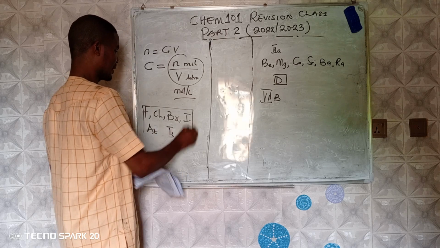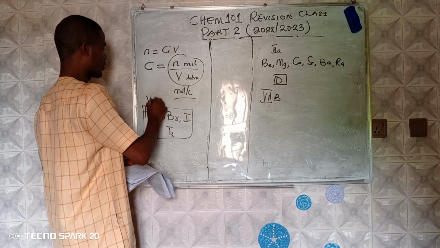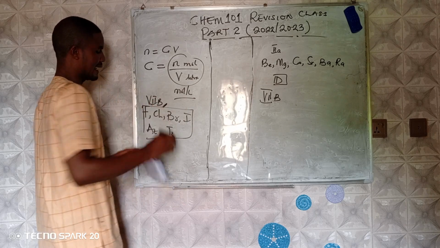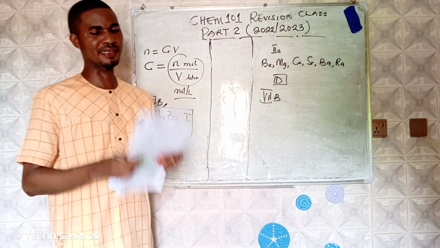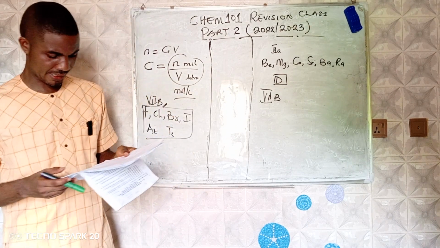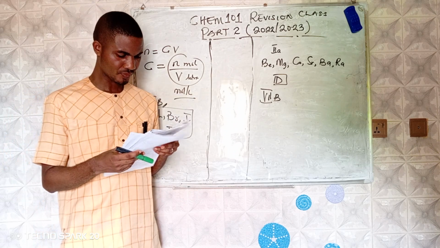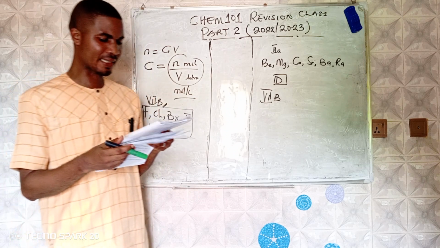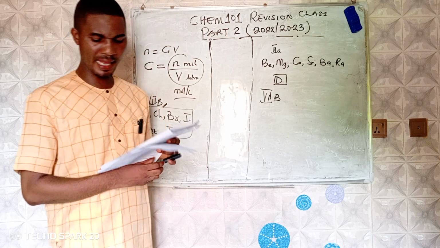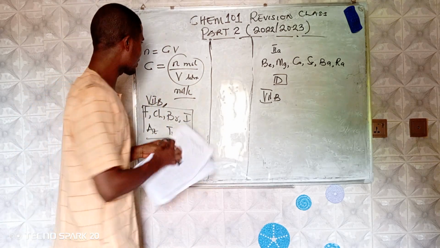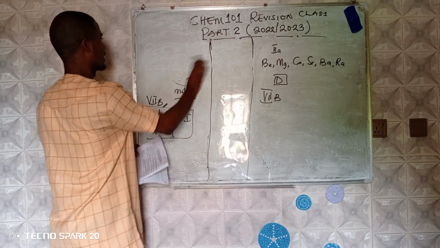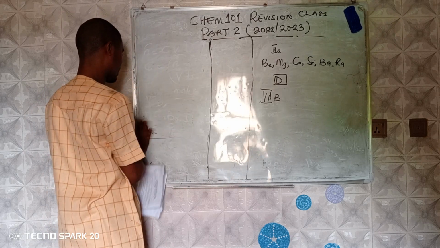These are halogens. They are also called group 7B elements because they are found in group 7B. Okay. Number 10. The diagonal position in the second and the third period. Okay.